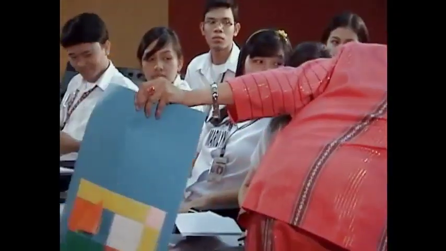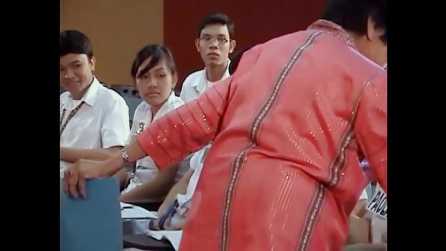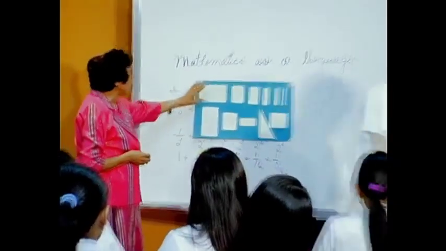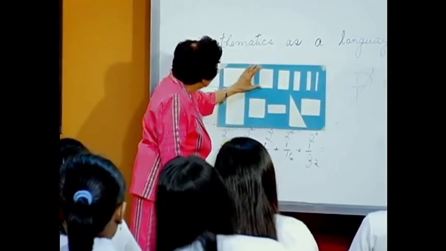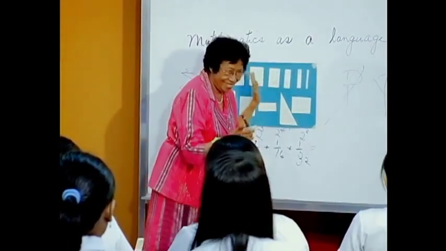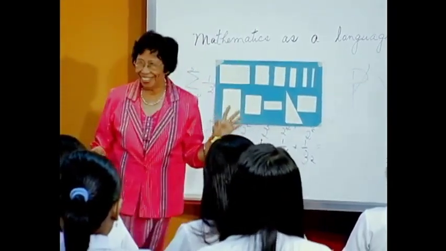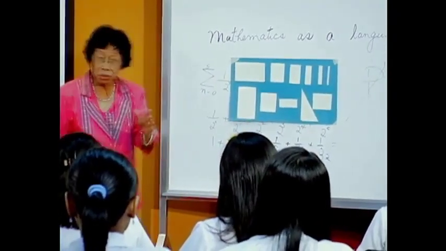So now, let's see if we can get a few more examples. I have this illustration, right? What do you think these figures have in common? The height. They have the same height. You agree? Yes. And I showed you the source.